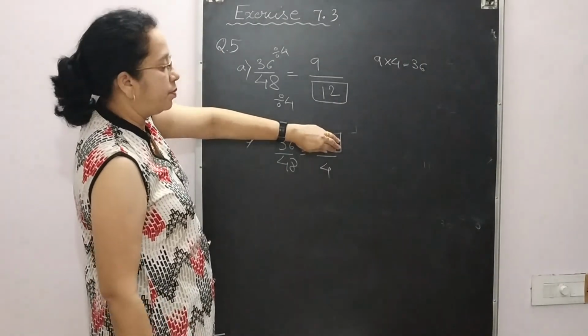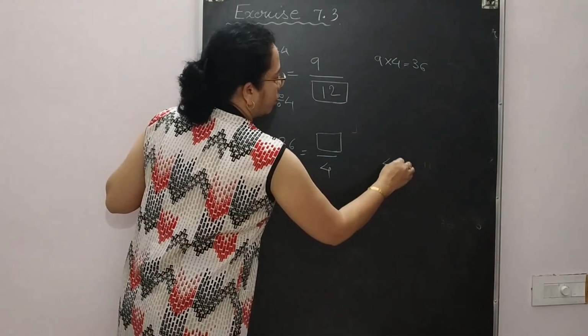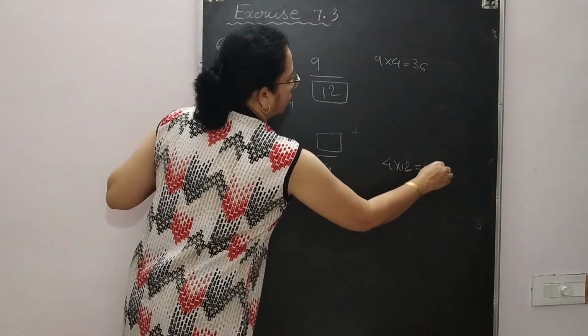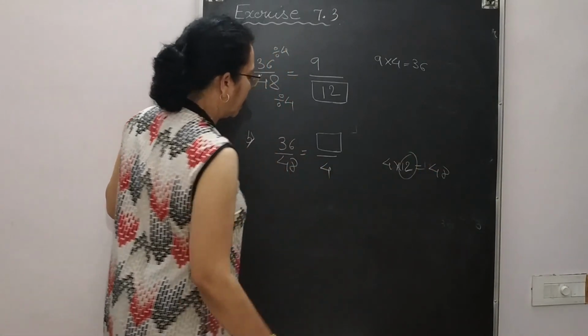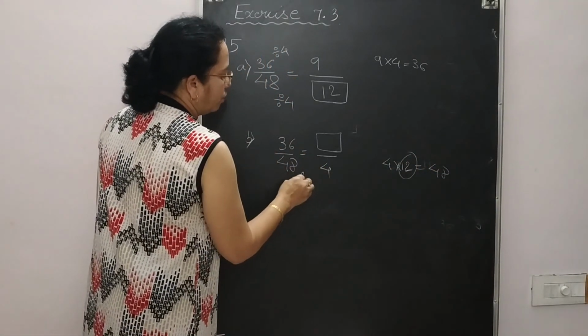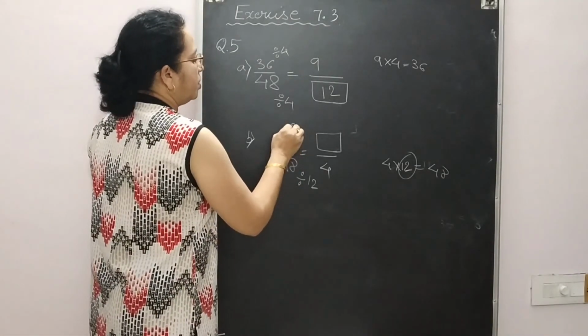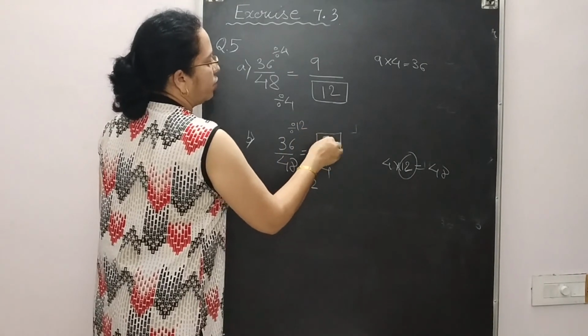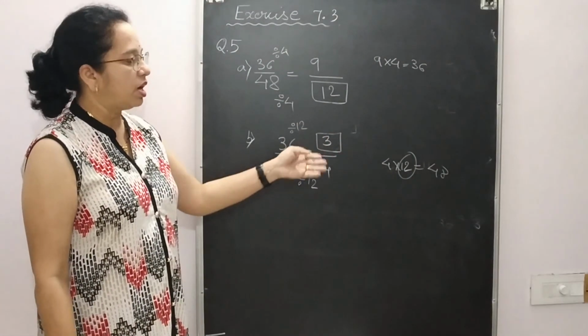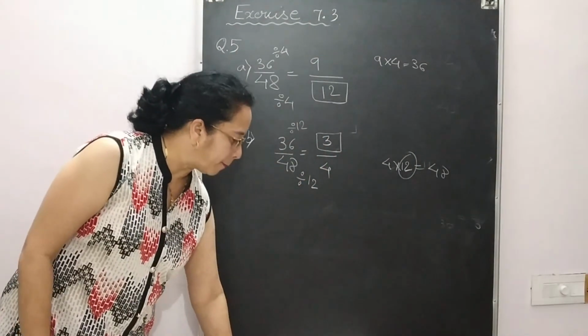Just recite the table, you will get 4 into 12, 12 4s are 48, you know. This 12, it means this 48 you will divide by 12, then you will get 4. So 36 also divide by 12 and your answer will be 3. So the answer is 3 upon 4.